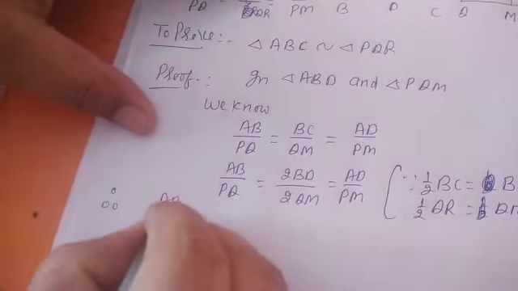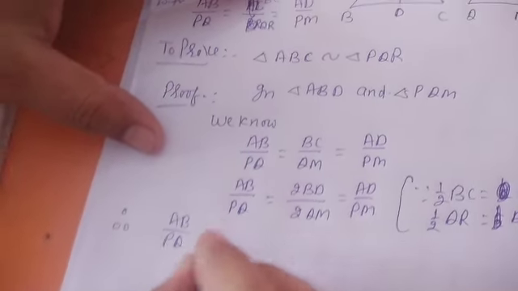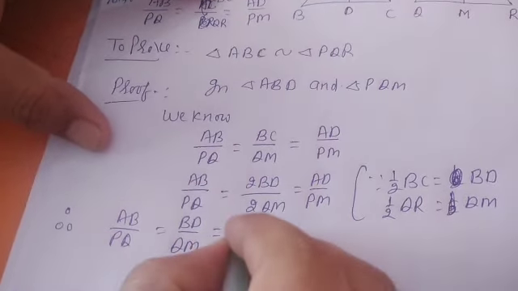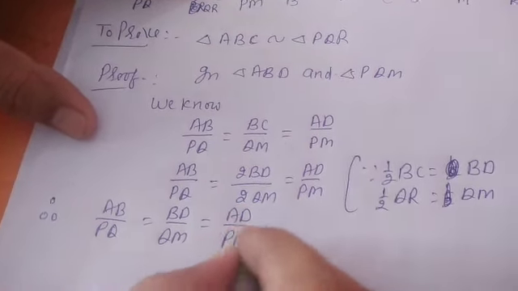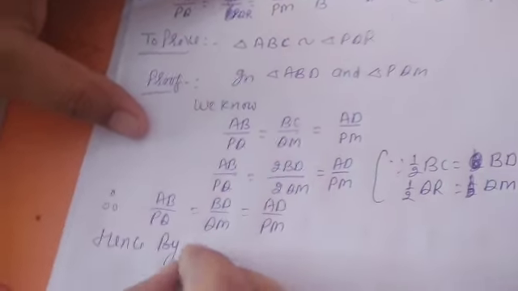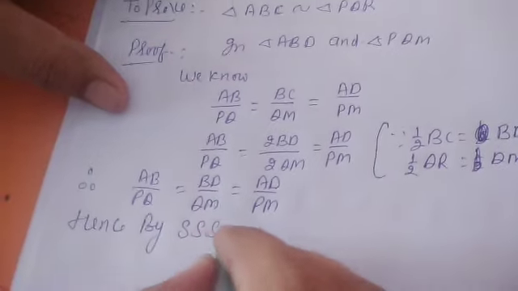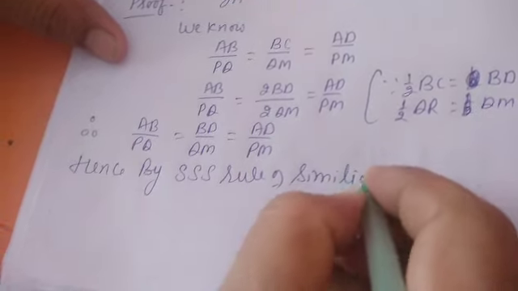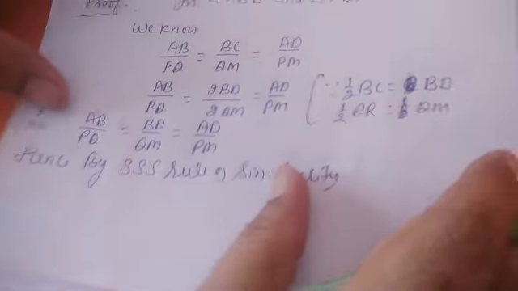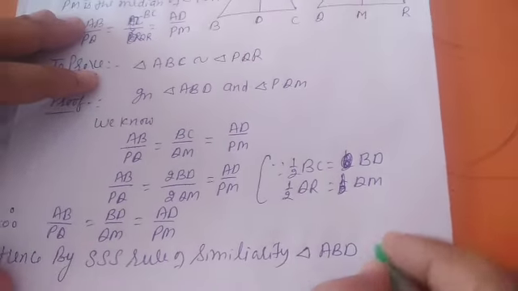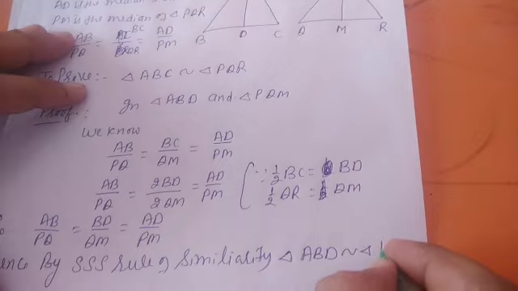Therefore, AB by PQ is equal to BD by QM is equal to AD by PM. Hence, by which criteria, rule of similarity? SSS. Triangle ABD is similar to triangle PQM.